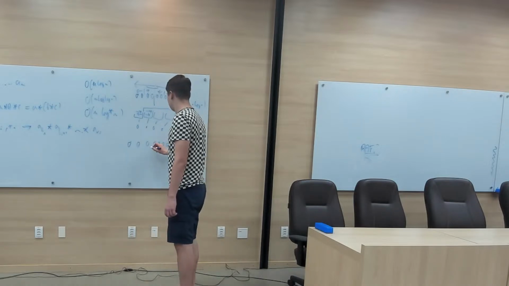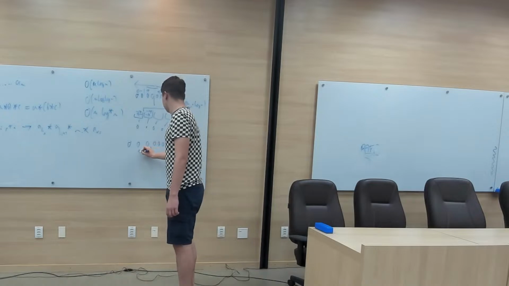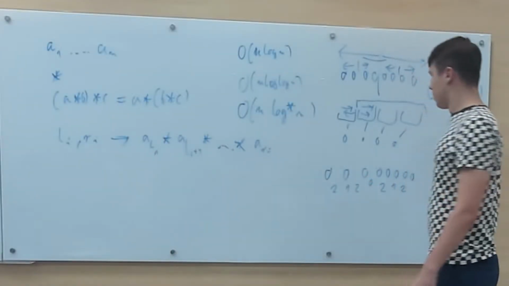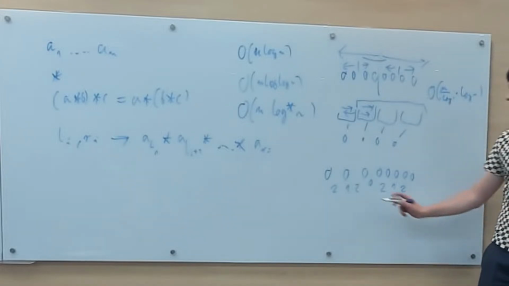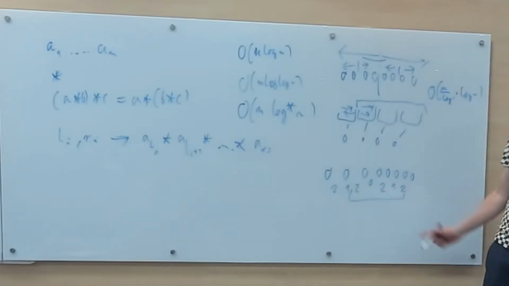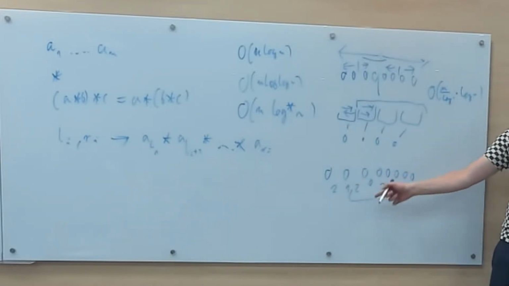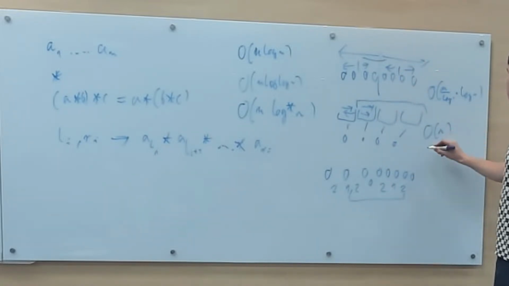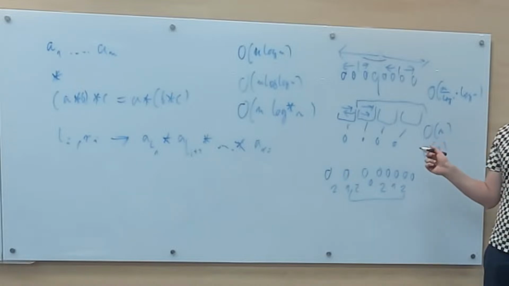So here it's 0. Here it's like 1, 1, 2, 2, 2, 2. So basically, for some query, we need to do a range minimum query on this to know the depth, and range minimum query can be done with linear preprocessing and constant time answers, right?